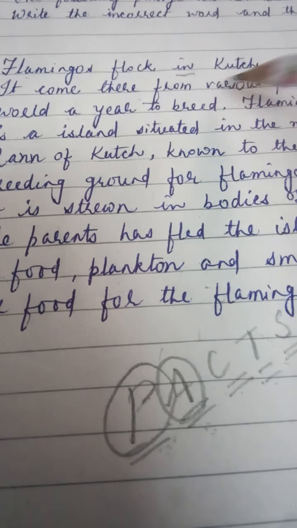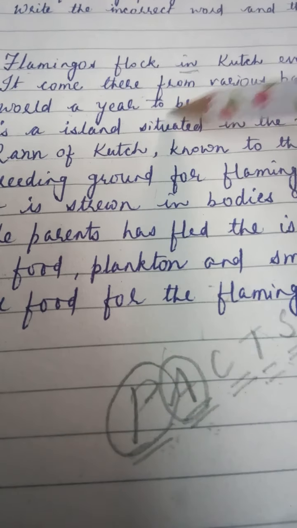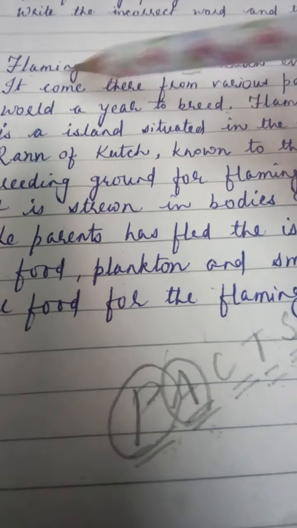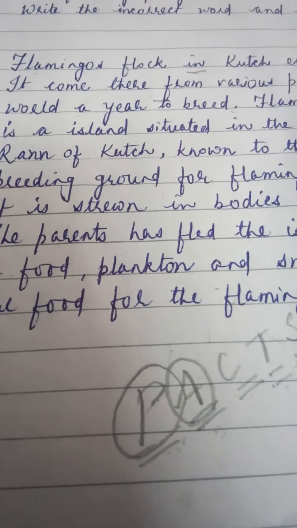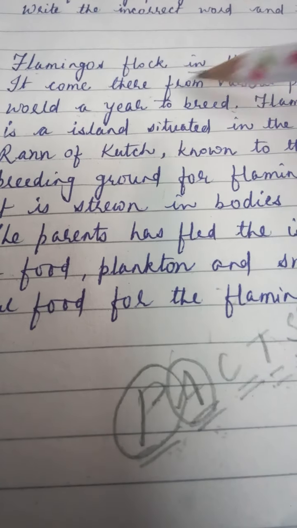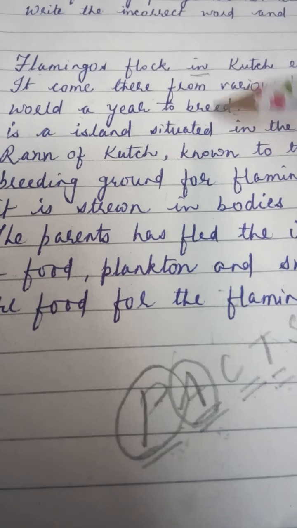It come there from various parts of the world a year to breed. As I told you, you are not supposed to find errors only in the line, because until and unless you read the complete sentence, it will be quite difficult to understand the meaning of that sentence and find the error.